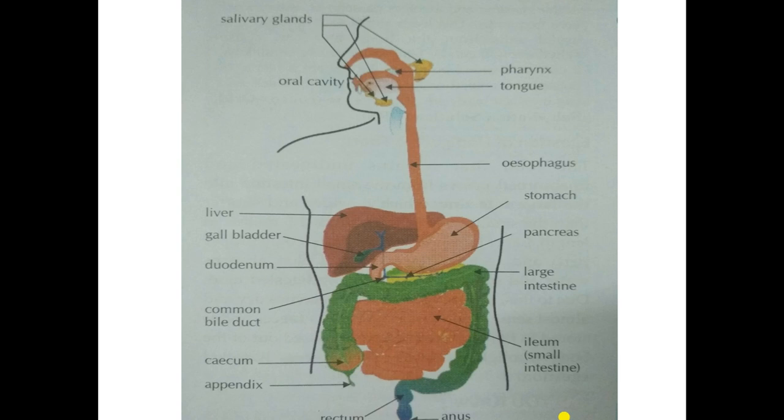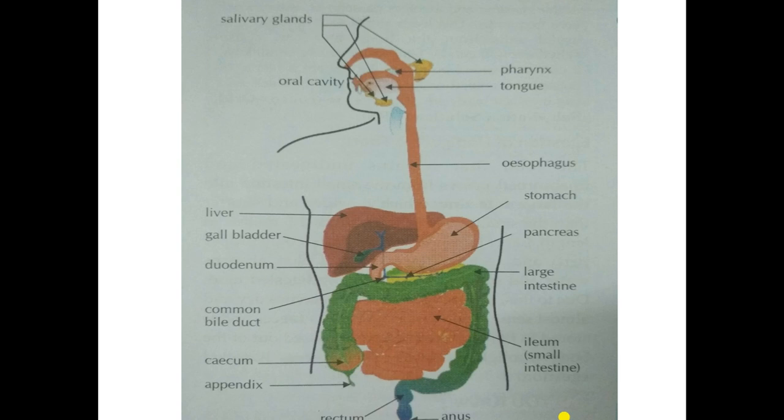Inside the large intestine, the unabsorbed, or we can say undigested food, passes. In the large intestine we have two portions. One is called the colon and the other is the rectum.